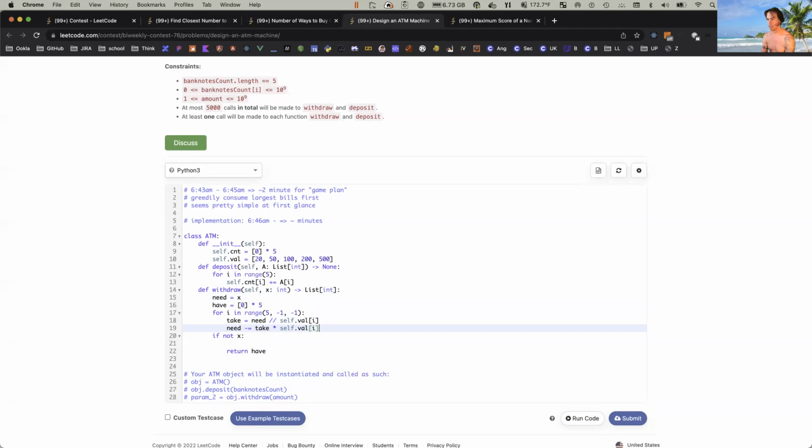Okay, so need is x, have is the individual fields of denominations, 20, 50, 100, 200, 500.